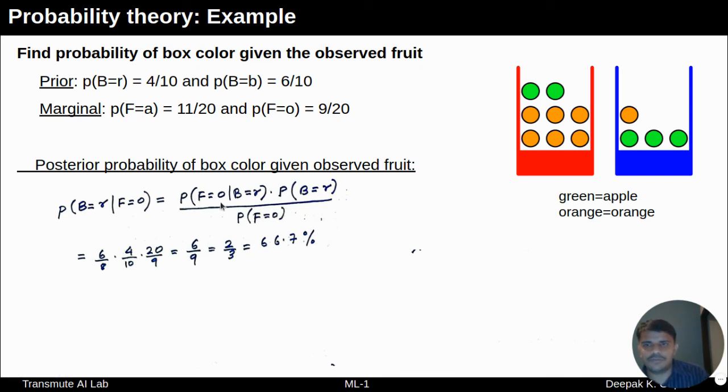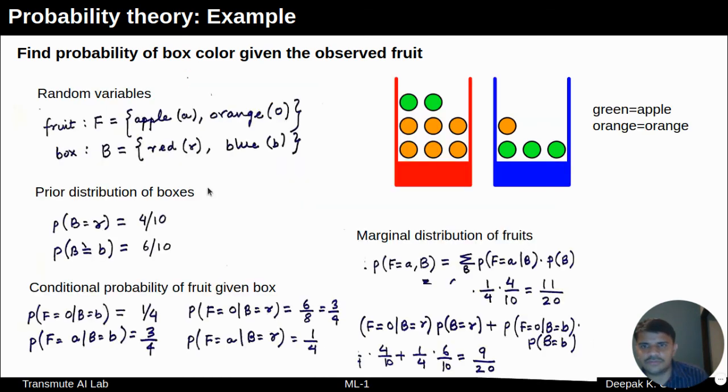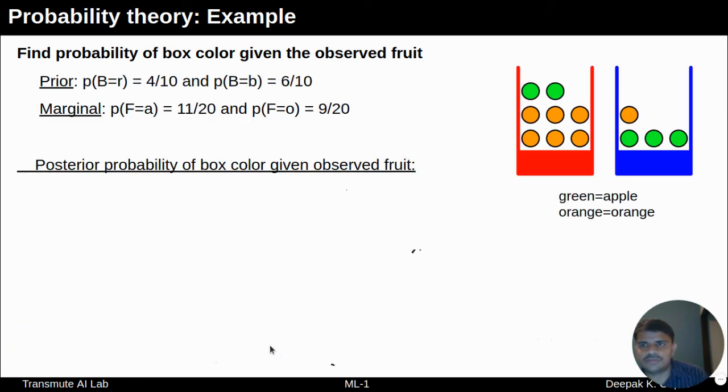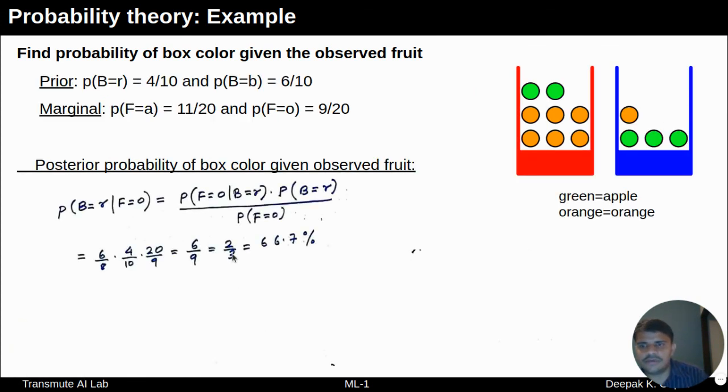When we put these numbers from the top, this is the conditional probability. We don't have it up here, but we had it in the previous slide. When we put those numbers in there, we obtain 66.7%. So that is the probability of the box being red when the fruit is orange.